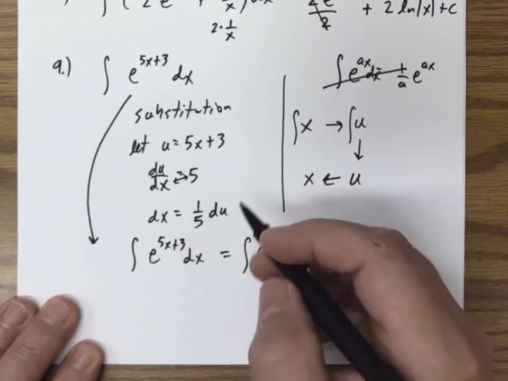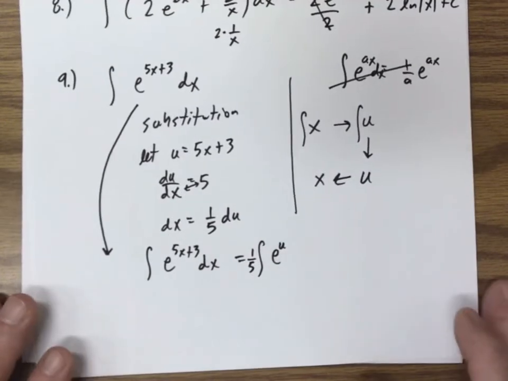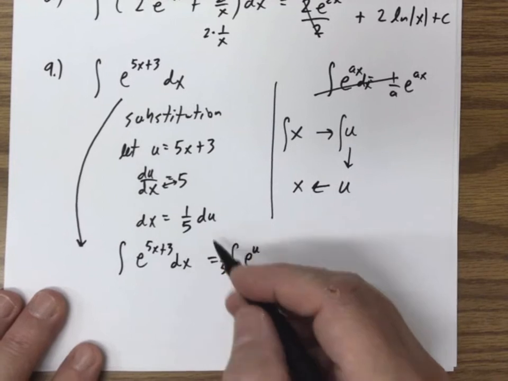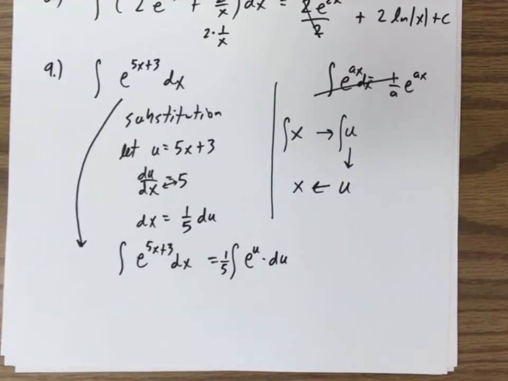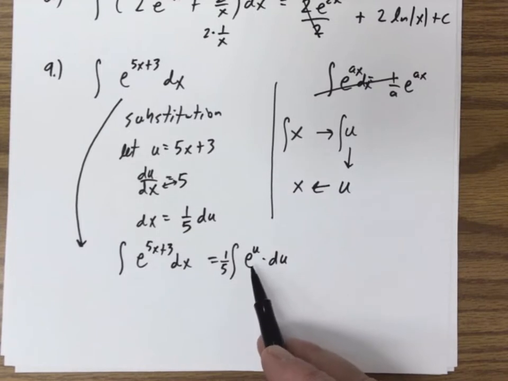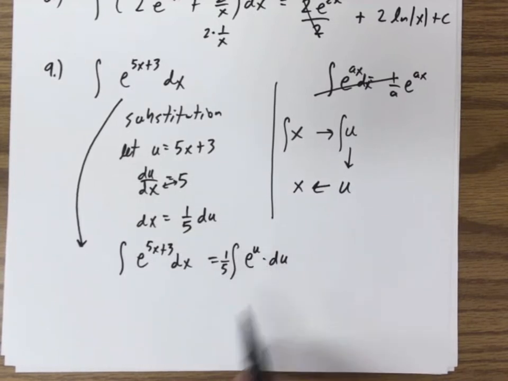Matter of fact, the 1/5 I'm going to move out front right away, since it's just a coefficient, it's a number. Now, if substitution works, at this point, we should have an integral that we can actually work out. And we actually do know how to take the integral of this, e to the u with respect to u.